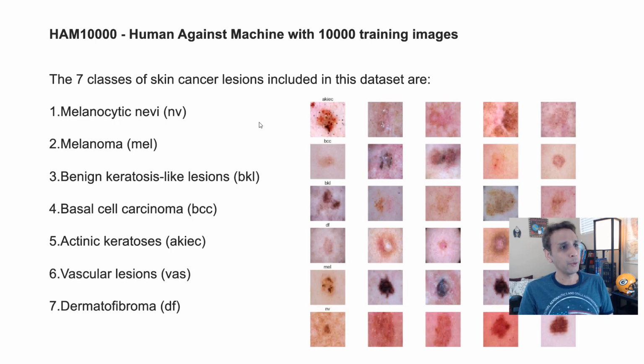Now, if you open these images, they look like these. These are all low resolution images, but it gives you an idea of how these images look. And each of these images is tagged into one of these 7 classes. We'll later see that these classes are not perfectly balanced, and I'll also try to include how to work with imbalanced data in the next video.